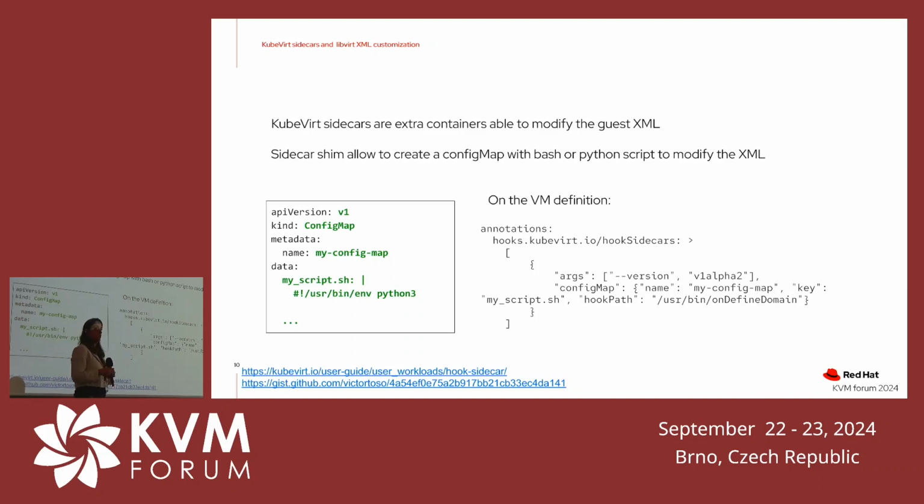If you want to use this config map with KubeVirt, again, you use an annotation. On your VM definition, you can specify the sidecar hooks with the config map that contains the script that we want to run to modify the XML.